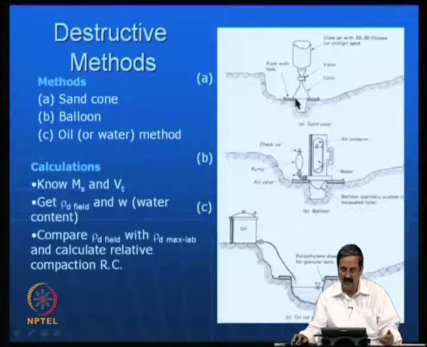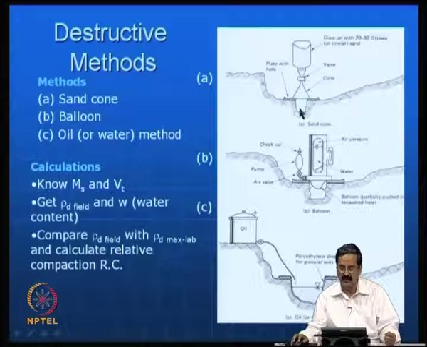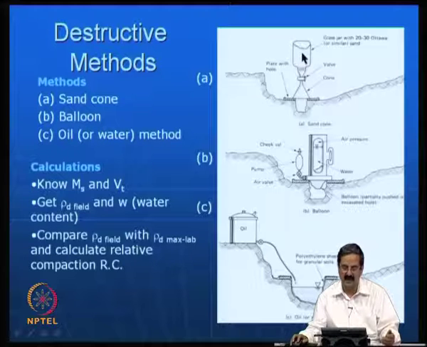You make a small opening, then remove the subgrade soil, take some amount for water content, and find out how much sand can go in. You have a cone and you allow the sand to get in, and then you will know exactly how much sand is replacing this material. Once you know the amount of sand that is replacing it, you will know the density of the material, by simple calculations from the fundamentals, one can calculate the density of this subgrade material.